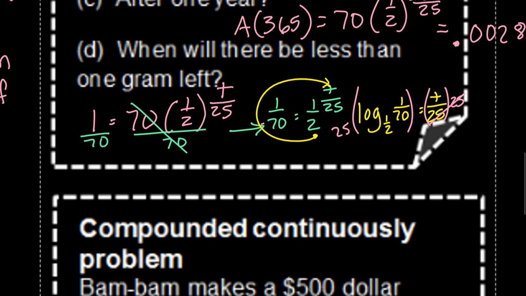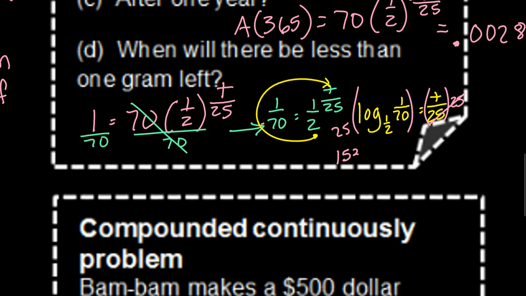What is it? 153.23. Now, it says, when will there be less than 1 gram left? Am I going to put an equal sign here? It could be less than. Now, here is where the thinking comes in, right?